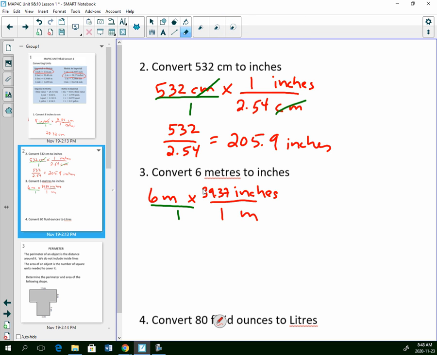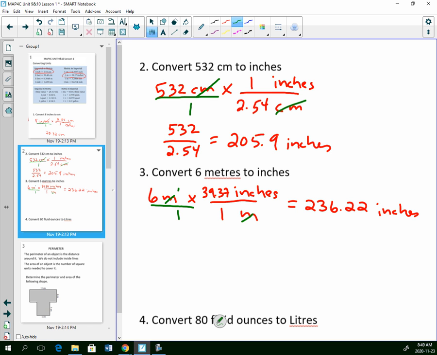So 6 times 39.37 is 236.22. Okay, so meters cancels with meters, we get inches.